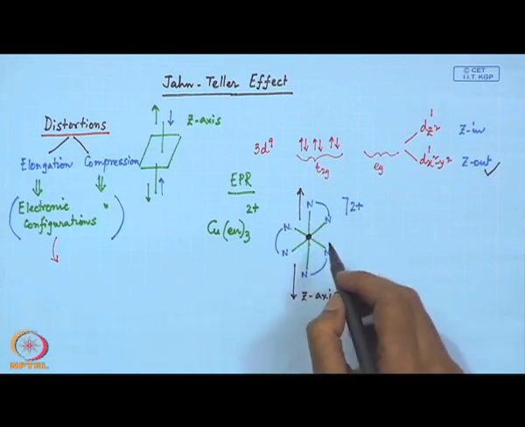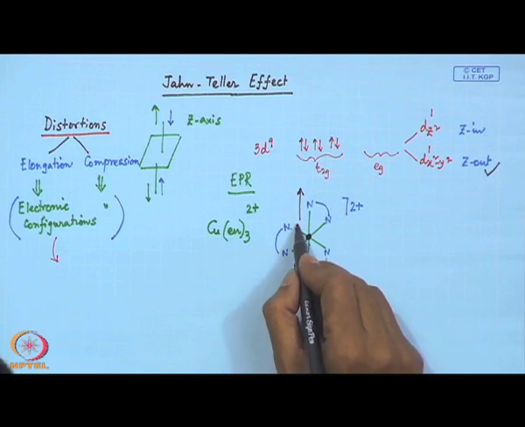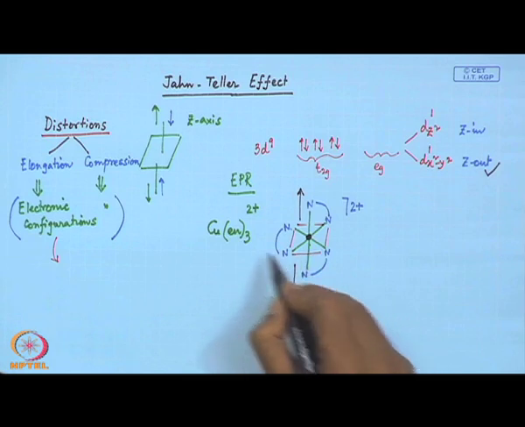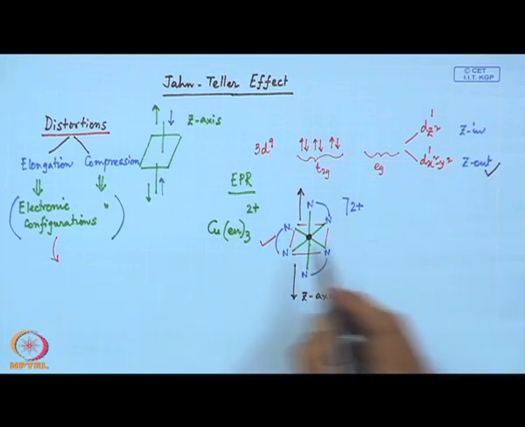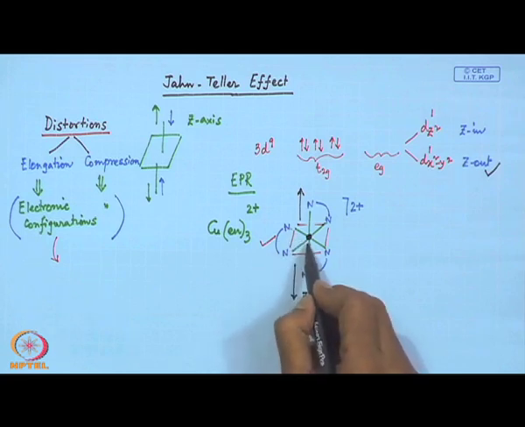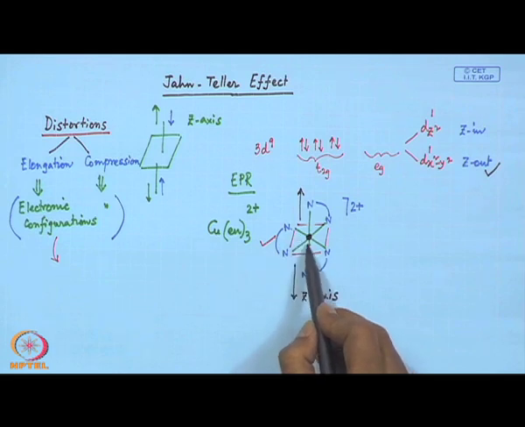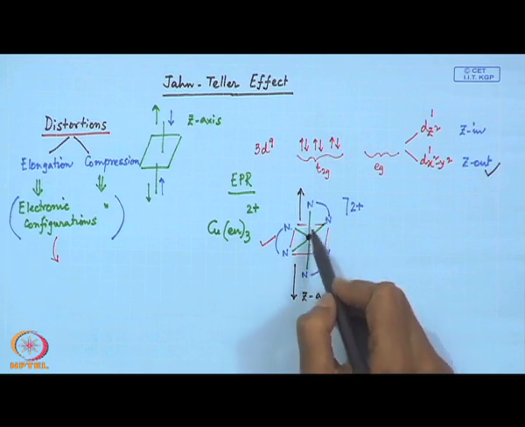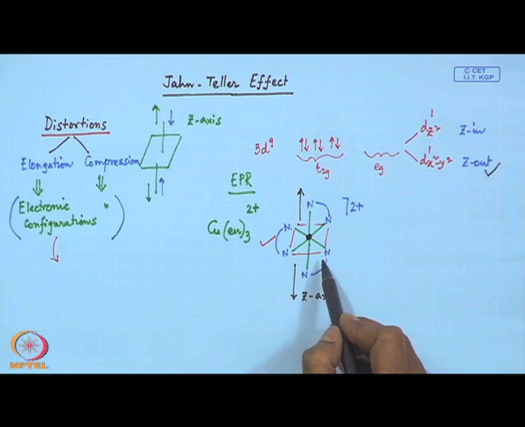This can be nicely compared if we go for the in plane short bonds for this bidentate ethylene diamine ligand, because here 2 copper nitrogen bonds are in the square plane. So, these 2 bonds will be shorter, but the situation for these 2 ligands is different. We have one long bond and one short bond, similarly one long bond and one short bond.